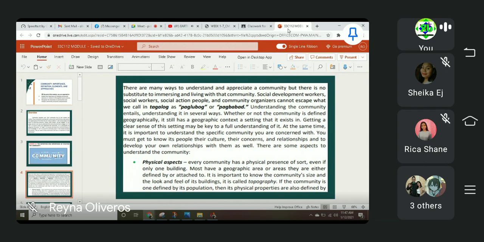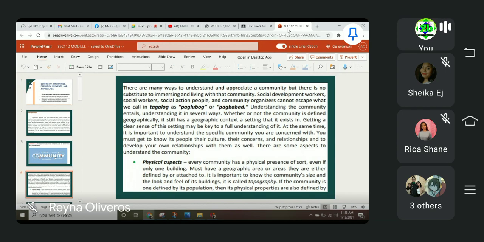Pag sinabi nating physical aspect, every community has a physical presence. Even if only one building, most have a geographic area or areas. So, it is important to know the community size and the look and feel of its buildings. Ang tawag natin doon is topography.